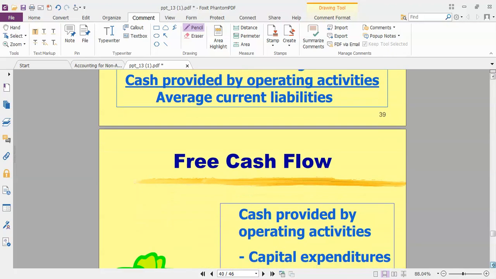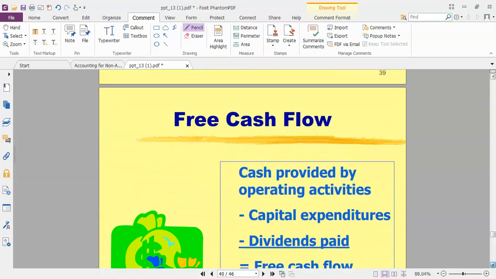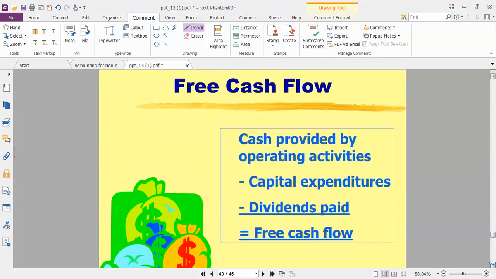So how can we calculate the free cash flow? The free cash flow is the cash provided by operating activities minus the capital expenditure and also minus dividends. So that you will get the free cash flow.